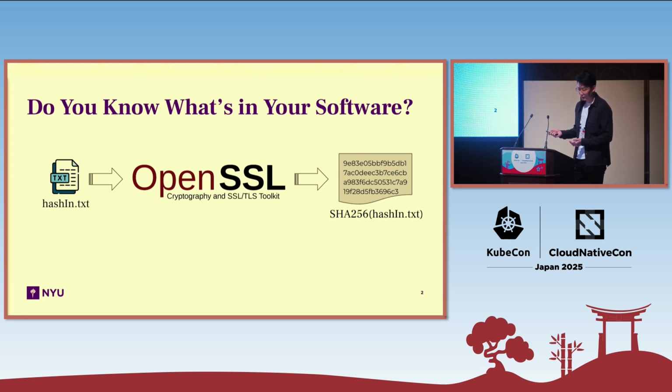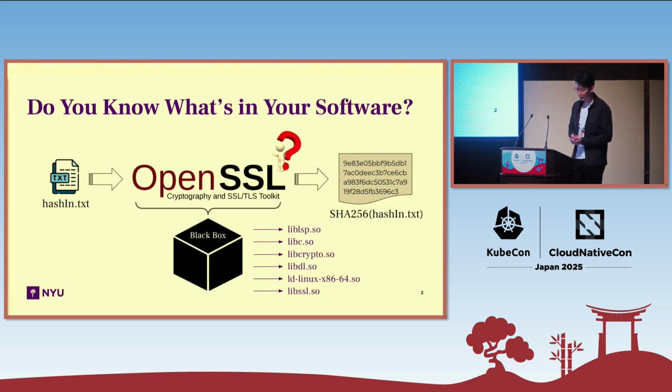OpenSSL itself relies on a stack of libraries under the hood, like libssl, libcrypto, libdl, libc, and others. These libraries are often dynamically linked and pulled in from the system environment. From the outside, the whole operation is a black box.